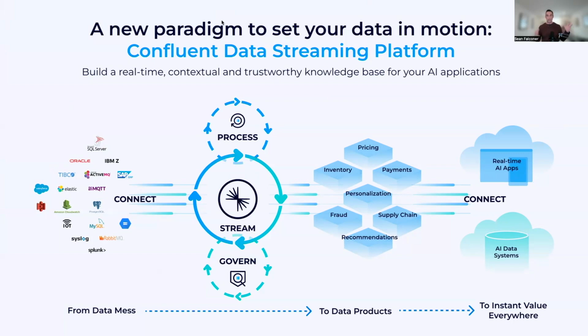We can make your data AI ready in real time. We can bridge your legacy systems and your AI stack with fully managed connectors, an open API, native stream processing, governance, hybrid and multi-cloud capabilities, and Confluent can secure and govern all your AI data and set it in motion to unlock the power of AI within your organization.